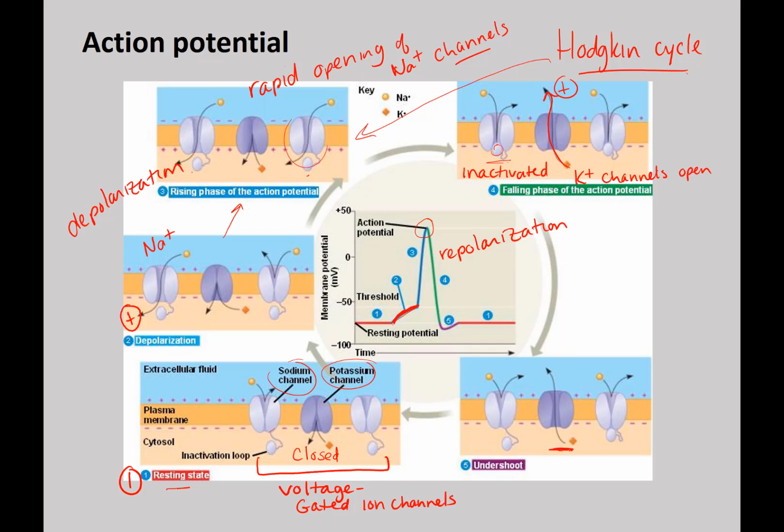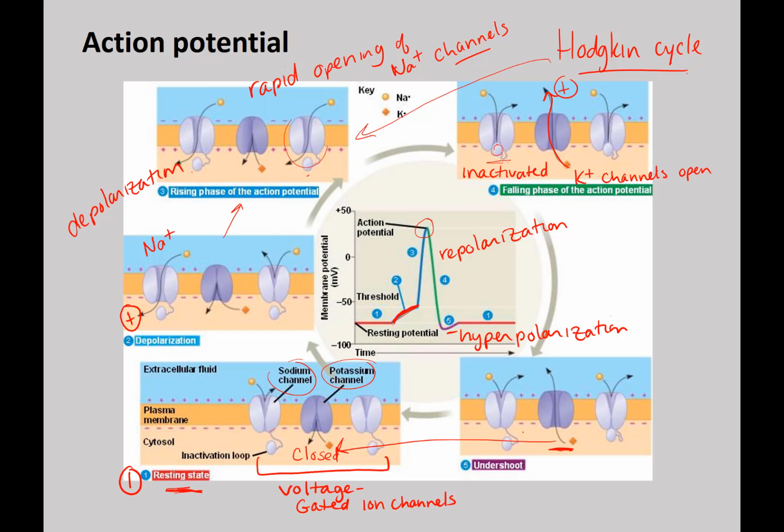The undershoot is right here, hyperpolarization. Okay. And we just keep getting a little too much potassium out. Eventually, the potassium channels get closed, actually inactivated and closed, and everything goes back to the resting state.